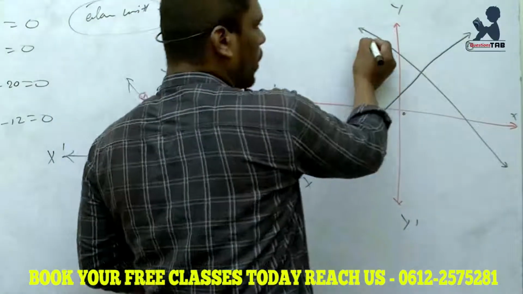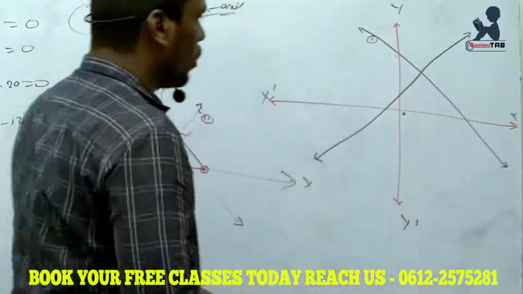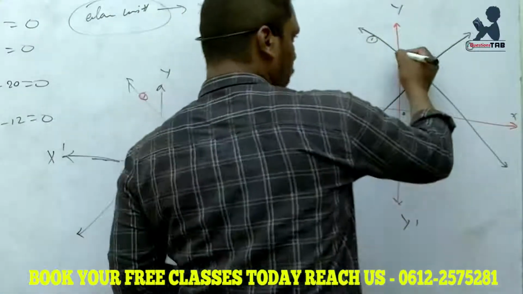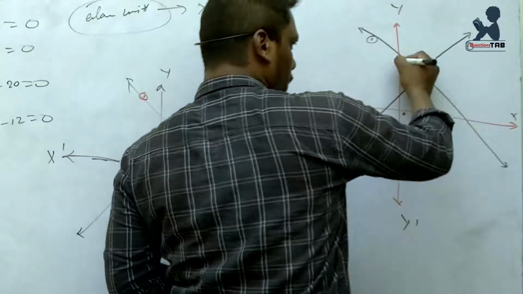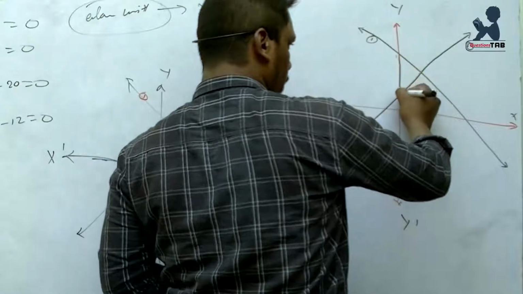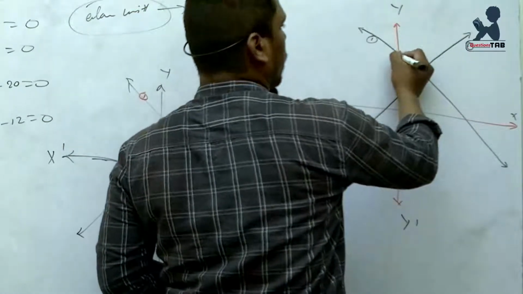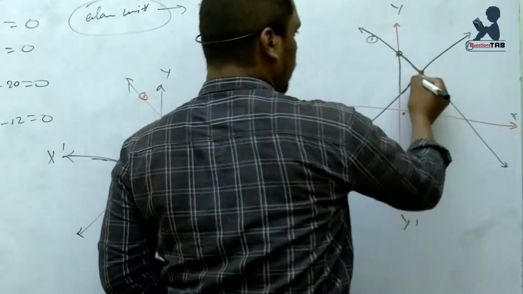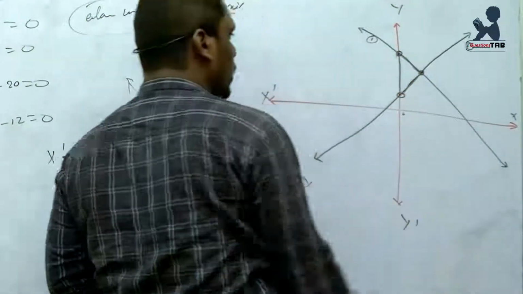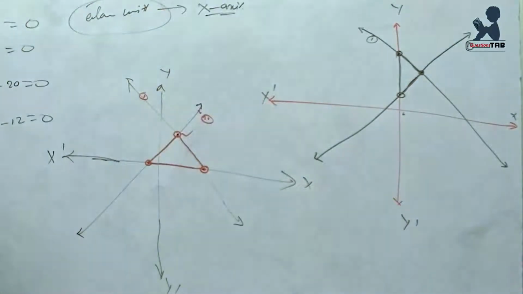So in that case we find our triangle here, and these are the three vertices of that triangle.